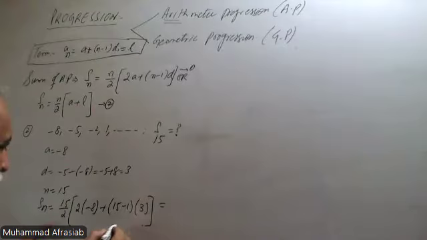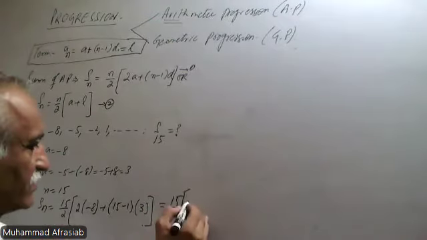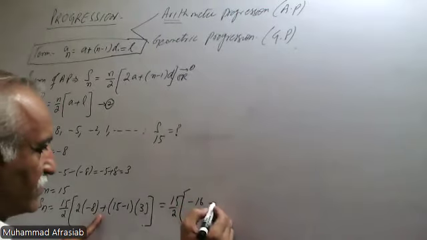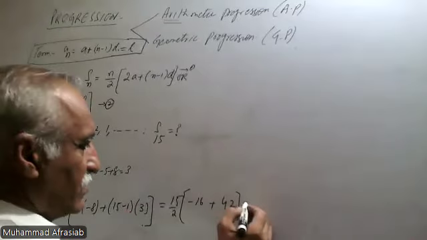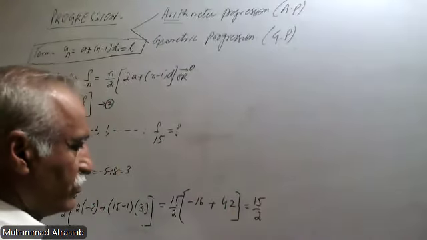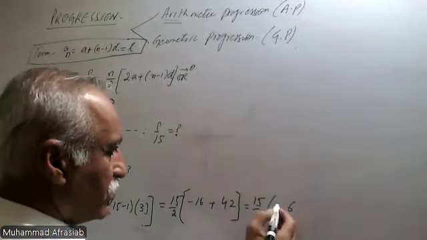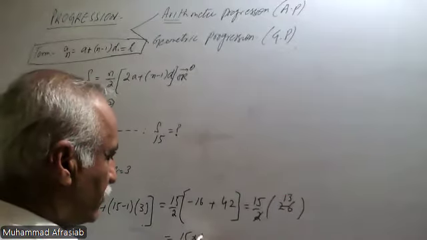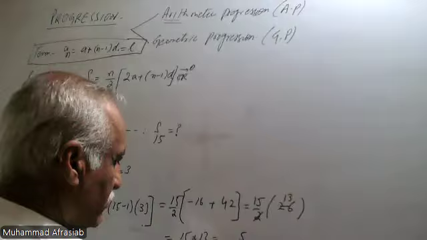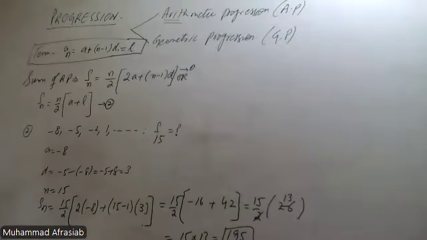That is 15 over 2 into (-16 plus 14 into 3, which is 42). This is equal to 15 over 2 into 26, so 15 into 13, which is 195. That is the total answer, the sum of the first 15 terms.